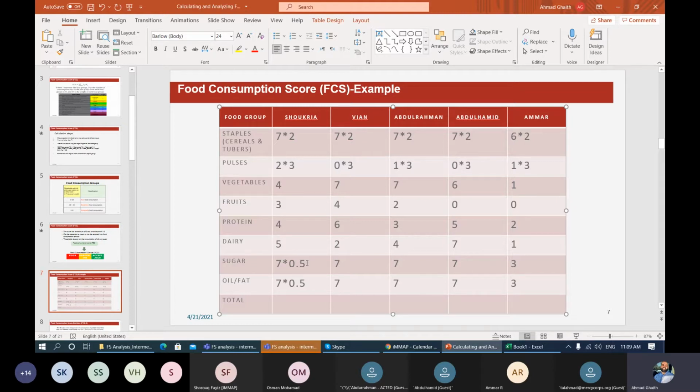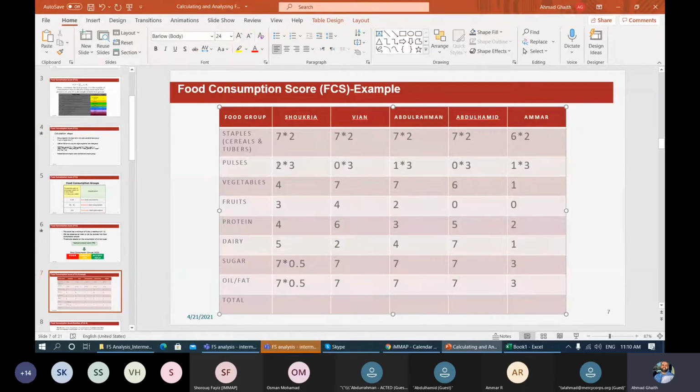So the consumption of sugar or oil might be higher, but if you actually have 7 days of oil consumption, and again, sugar and oil tend to be cheap as well, right? They're not as nutritionally valuable, so we weight them lower. But with this, you have 7.